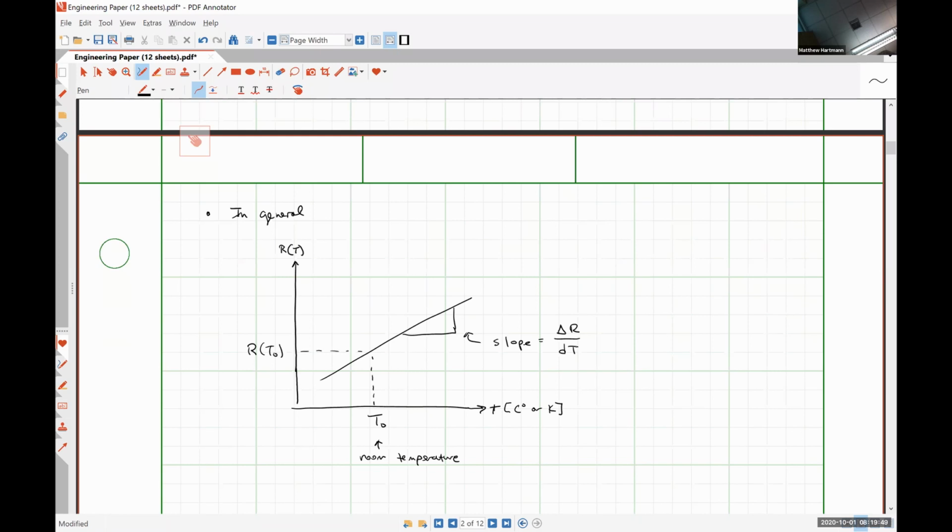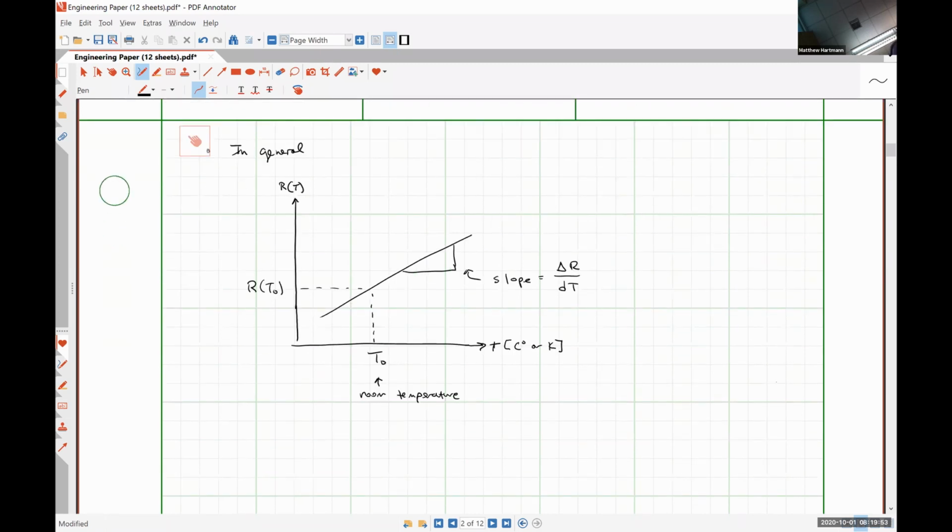We will observe that the resistance R as a function of temperature is the resistance at temperature T naught multiplied by 1 plus 1 divided by R at T naught times delta R over delta T, our slope there, where this is our temperature coefficient of resistance, multiplied by the deviation in temperature away from our room temperature measurement.